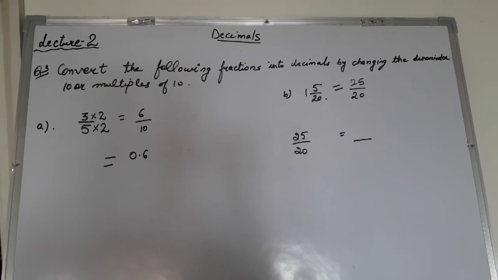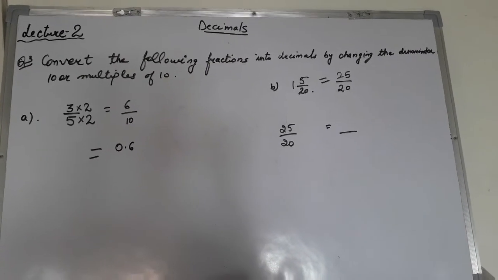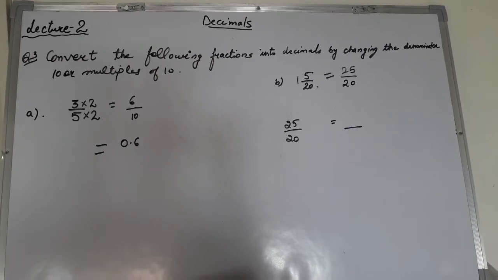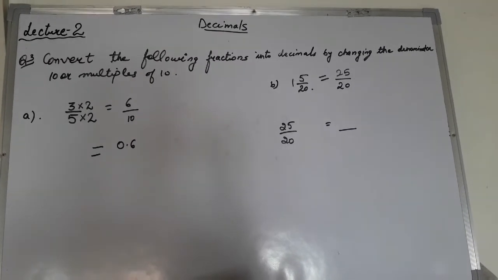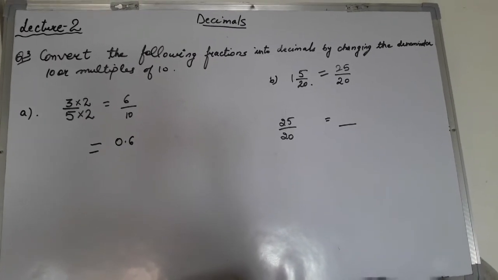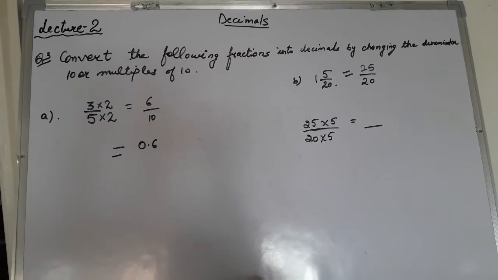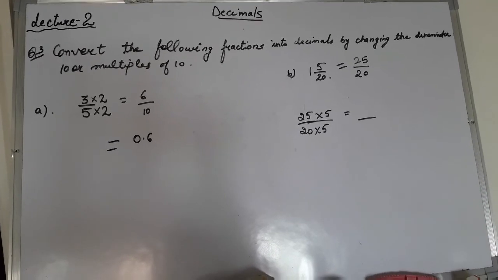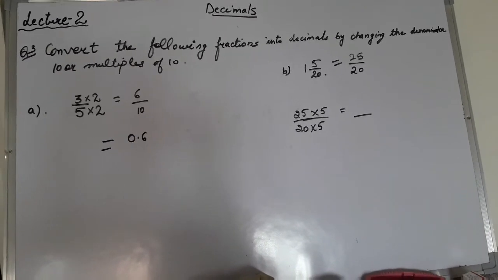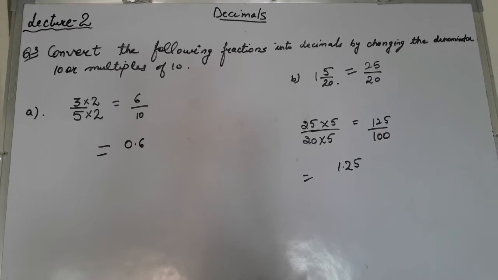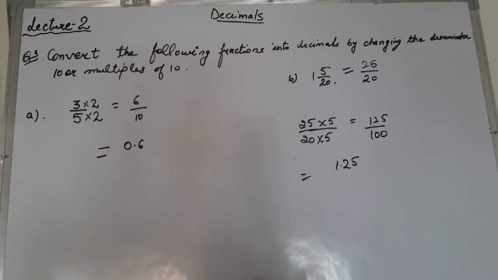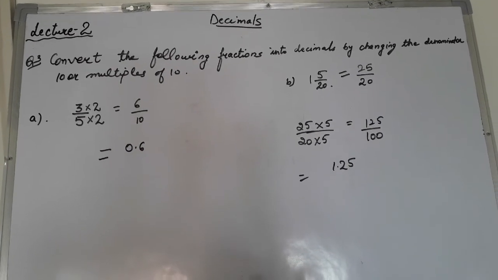So what do I have to make? The next multiple of 10 is 100. Now what should I multiply with 20 so that I can get 100? I multiply by 5 with the denominator and the numerator, right? So I got 125 upon 100 and in decimals I got 1.25.